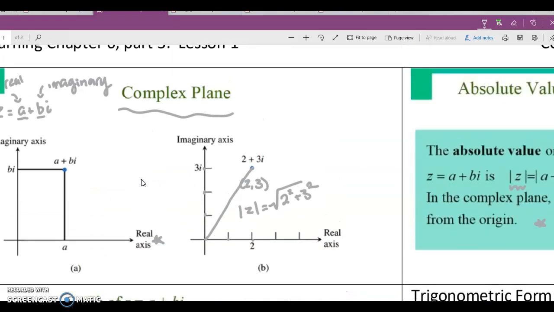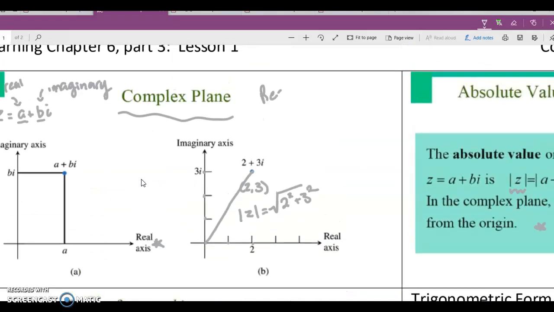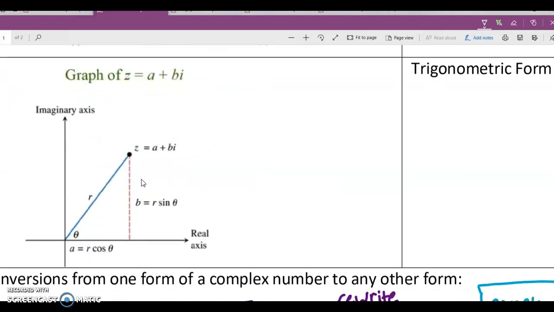So this up here was rectangular. The rectangular complex plane, but then we also have the polar complex plane. So for our polar complex plane, it's the same thing. We still have our real axis and our imaginary axis.